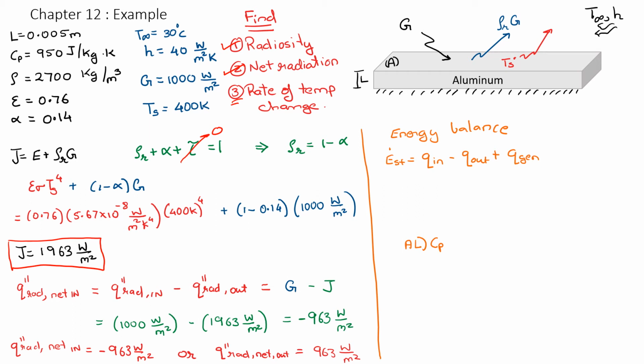Now remember, if we have to find the rate of temperature change, we cannot assume that the system is at steady state, because that will just take out the time derivative term, so we need that. So our energy equation will have the E dot st term equals Q in minus Q out plus Q gen.